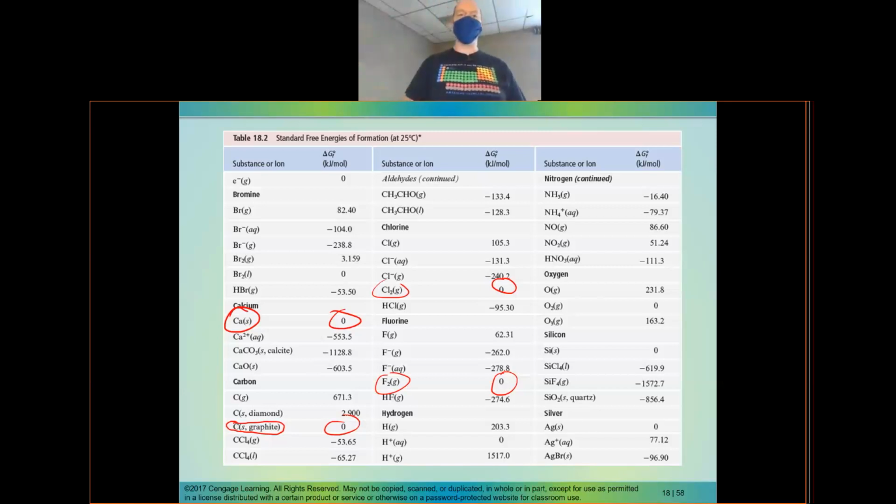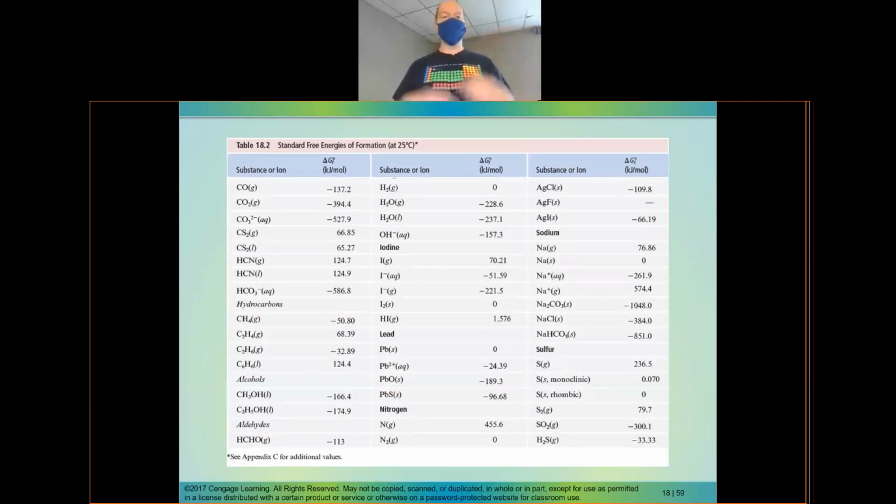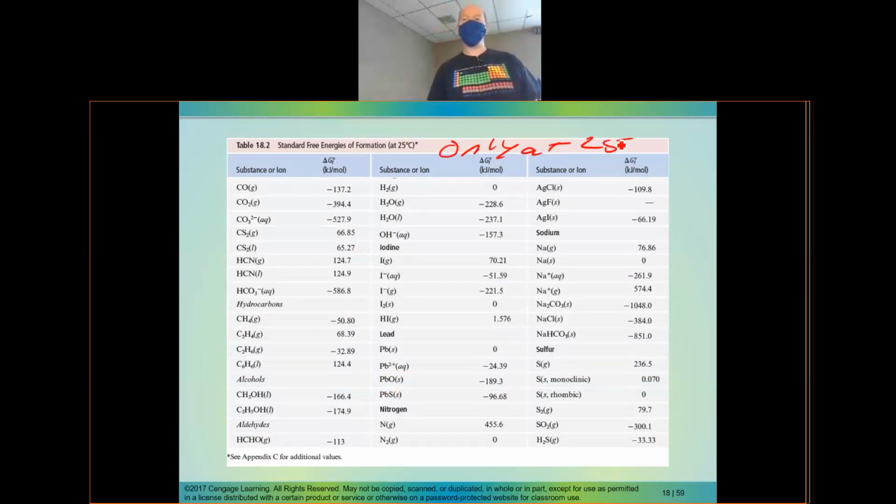But here's the chart. Now the key here that you might want to put on top of this chart is only at 25 degrees Celsius. All right, you have to be sure that you're only using delta G at 25 degrees Celsius. Delta H and the S values, doesn't matter what the temperature is, but delta G only at 25 degrees Celsius.